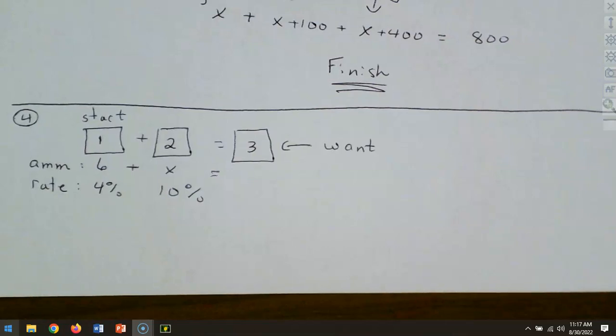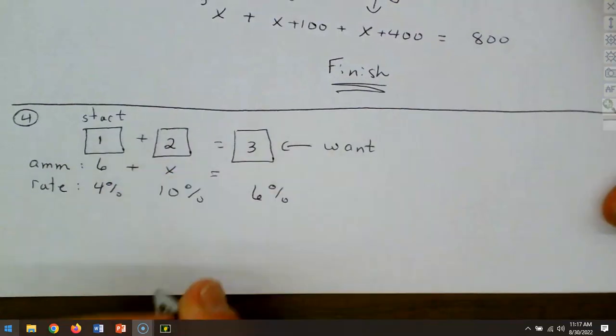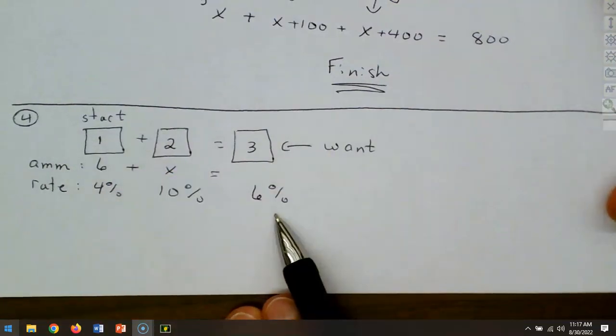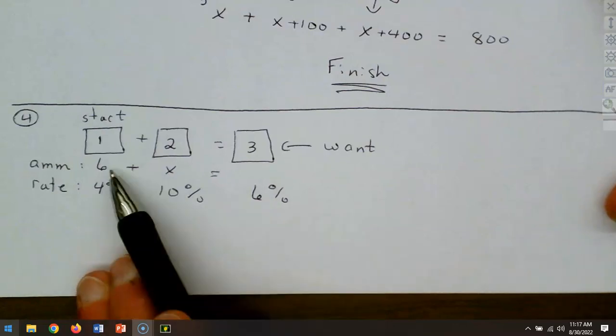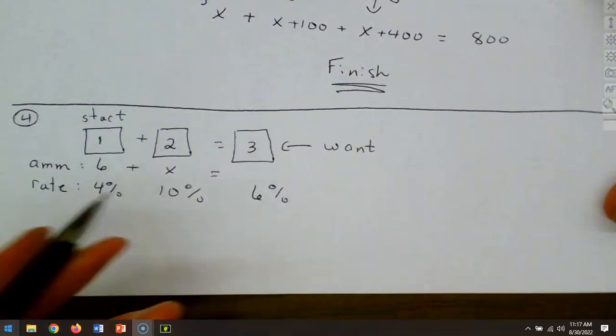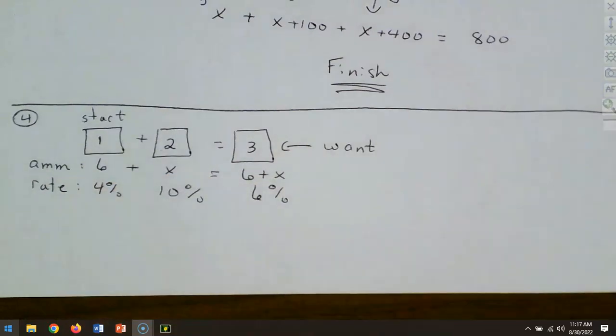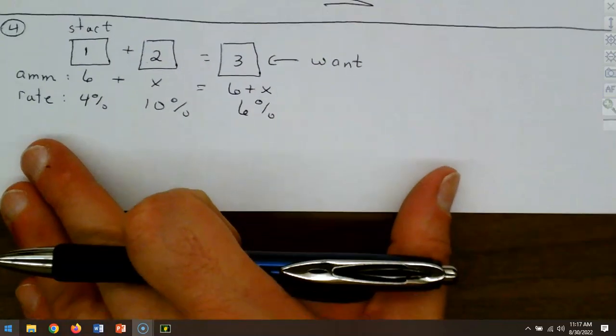Percentage. We want to get out a 6%. So that's why the 6% goes here. Because that's what we want at the end. We add these across because 1 plus 2 is 3. So those add together, and that gives you, yep, 6 plus X there. All right, so that's how that one is set up.